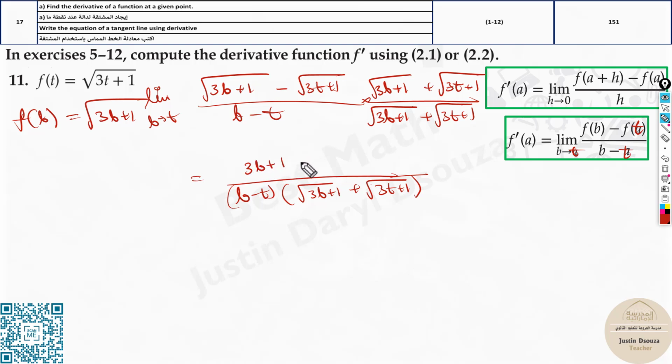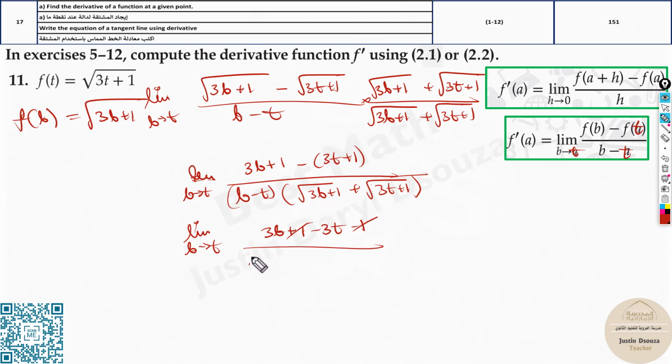It will be 3b plus 1 minus 3t plus 1, with the limit as b tends to t. The minus sign multiplied inside gives minus 3t minus 1. Plus 1 minus 1 cancels off. The denominator is the same: square root of 3b plus 1 plus root of 3t plus 1.